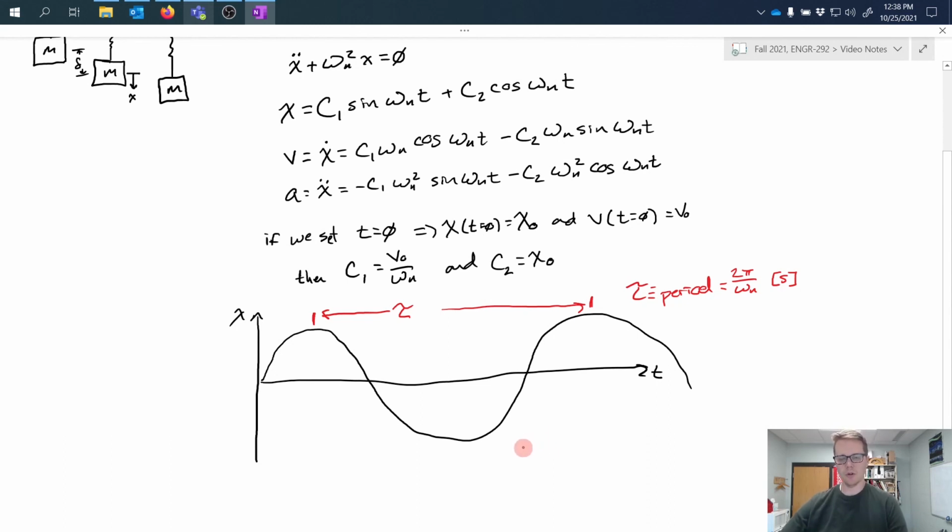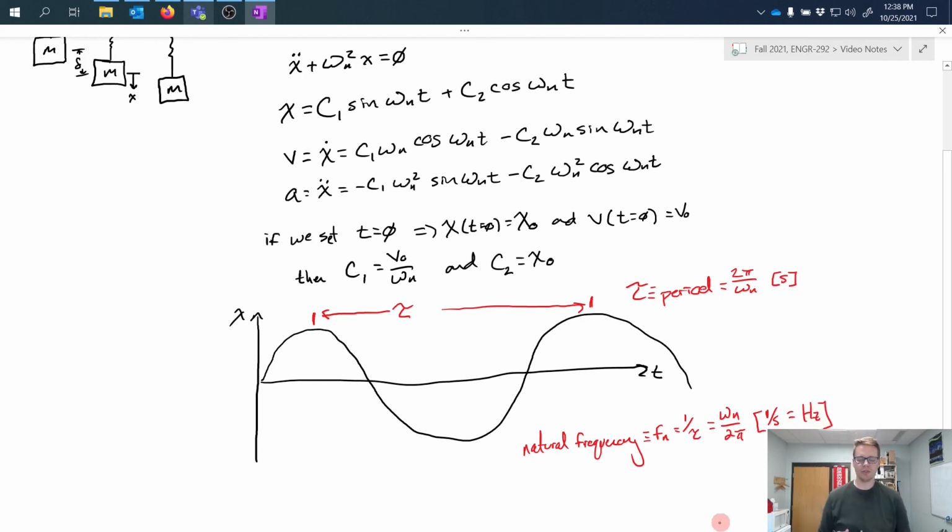I might also want the natural frequency defined in terms of something we'll call Fn, which is specifically 1 over the period, and therefore also omega n over 2 pi, with units of 1 over seconds, which is the same thing as a hertz.